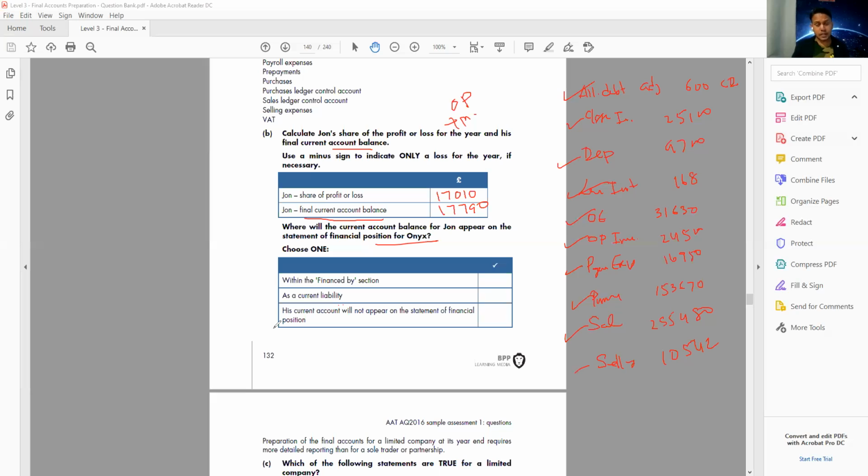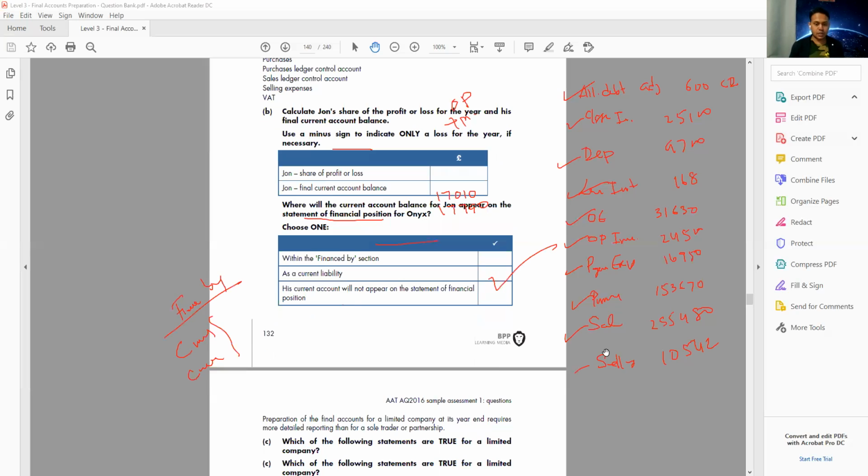In the partnership, the financed-by section is a combination of two figures. One is current account, one is capital. So current and capital both will come to the financed-by section of the partnership financial statement.